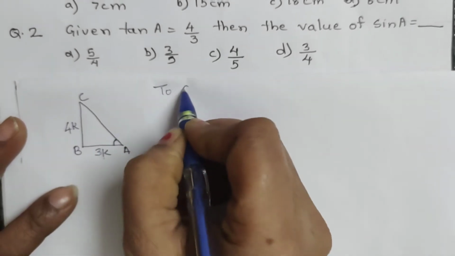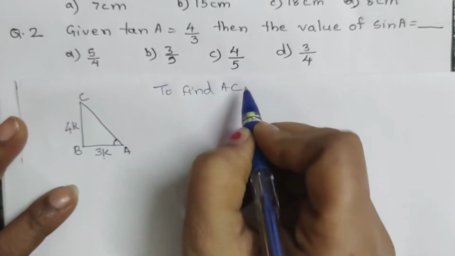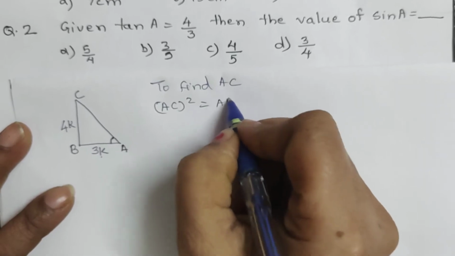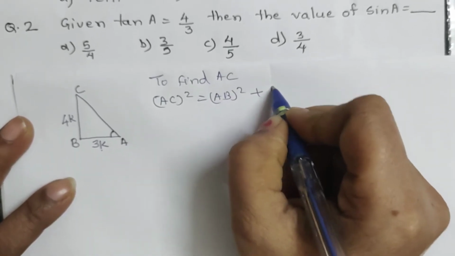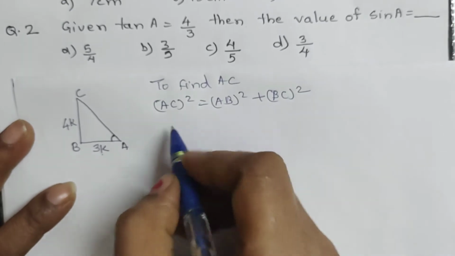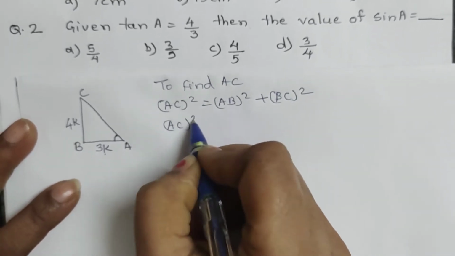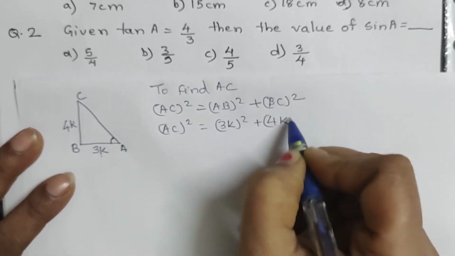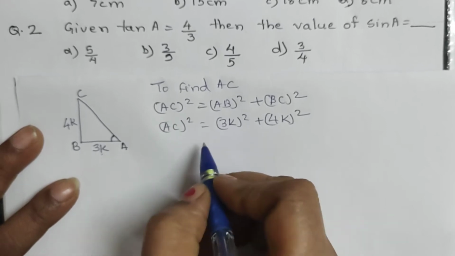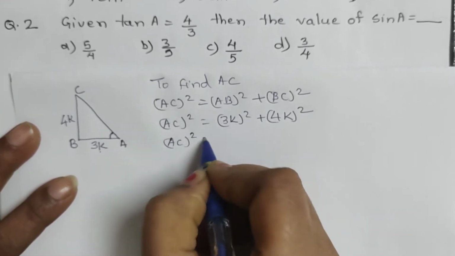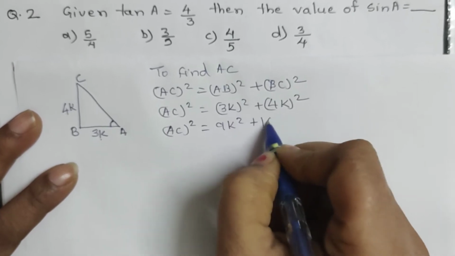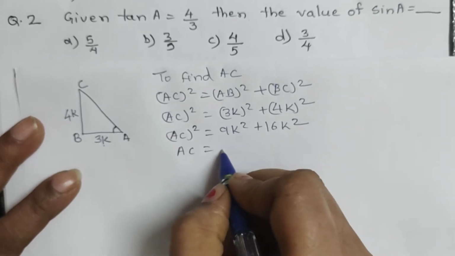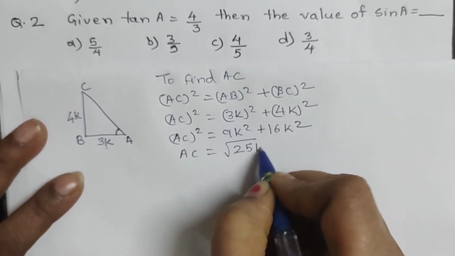To find AC, AC square is equal to AB square plus BC square. Now AC square is equal to AB, that is 3K square plus 4K square, or AC square is equal to 9K square plus 16K square. That is AC square is 9 plus 16 is 25K square.